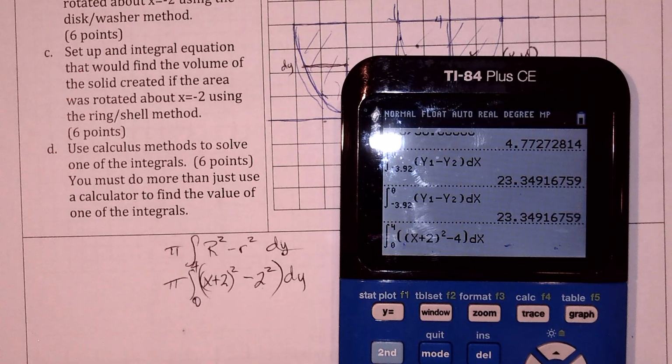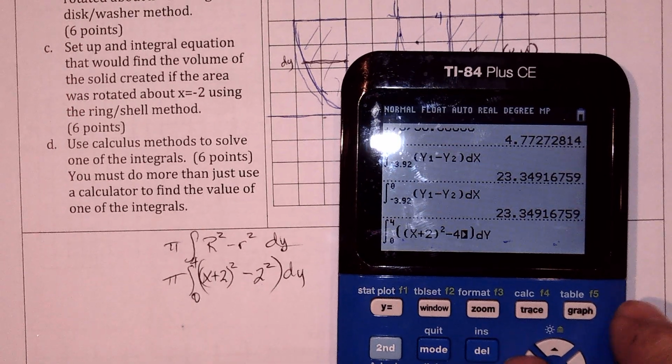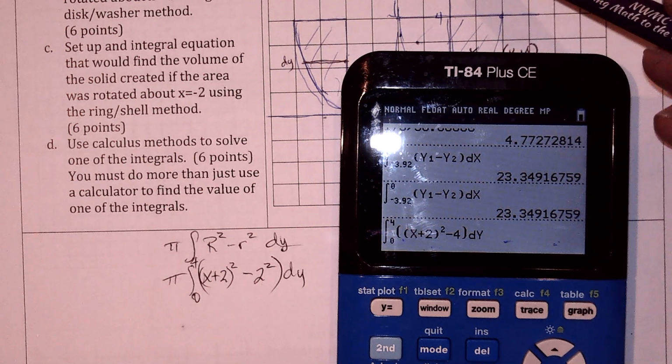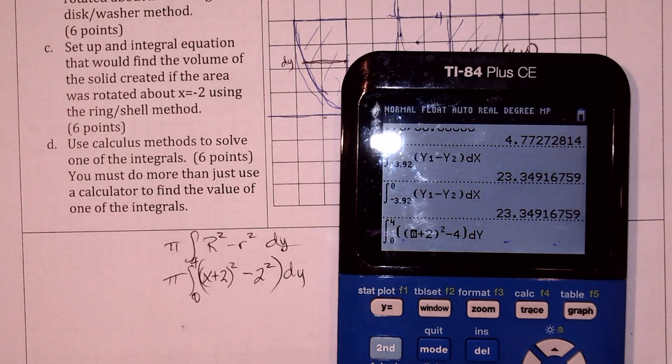Alpha y, where's y? Down somewhere on this, there's y. I got to get the x out of there. Well, x is equal to the square root of y, so I got to put there y in the square root on just the y.